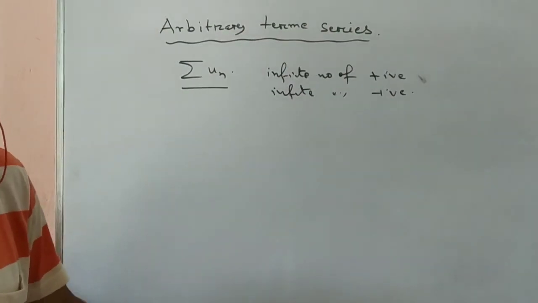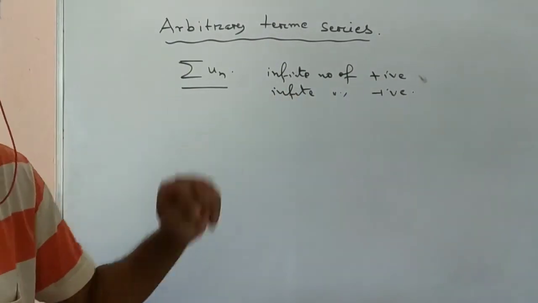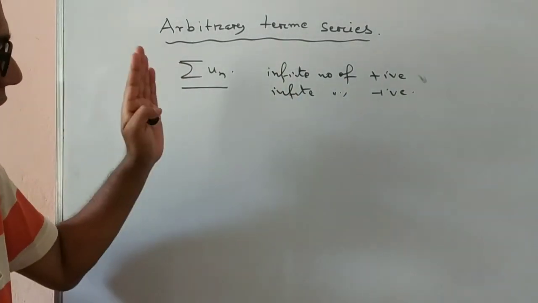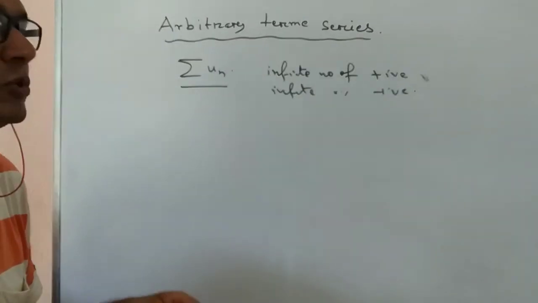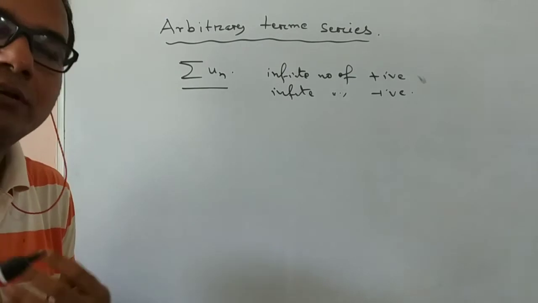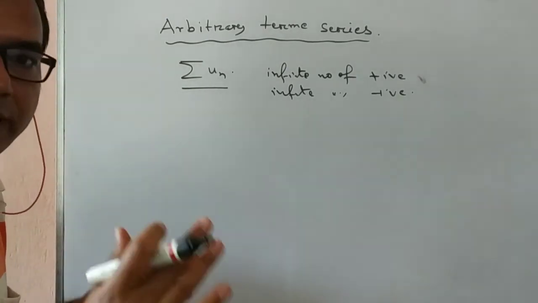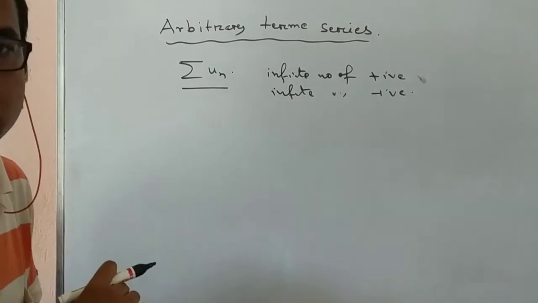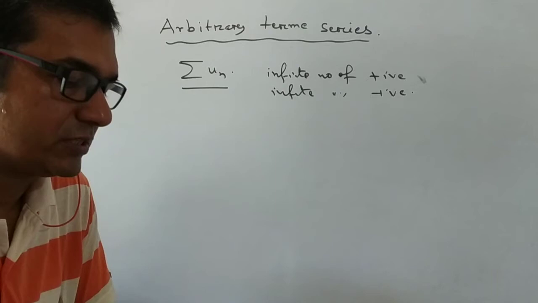There is no rule for negative and positive. So in this series there are 2 positive terms and 5 negative terms, then after that 3 positive terms and 9 negative terms. Positive and negative terms are arbitrarily there, so this type of series is called an arbitrary term series.